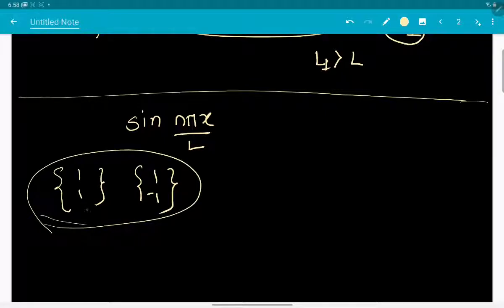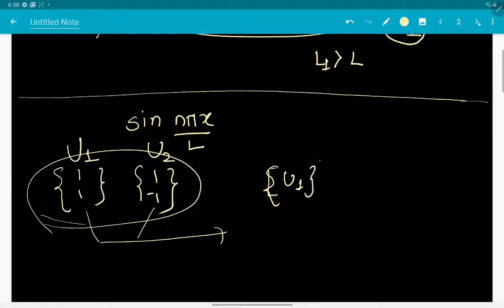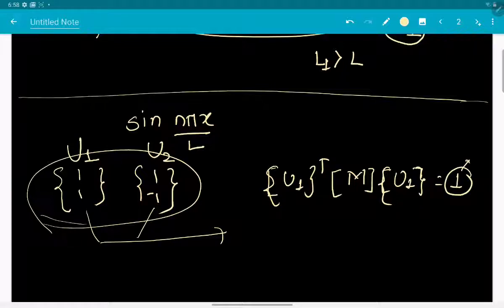Okay, and then we converted these mode shapes to mass normalized mode shapes in such a way that, let's say, if this is u, let me call this as u1 and u2, and we said that u1 transpose mass matrix times u1 should come out to be equal to 1. In order for this to happen, we scaled this u1. Okay, similarly we also scaled u2, and we said that we have obtained mass normalized mode shapes.